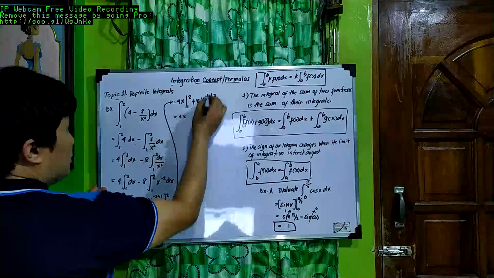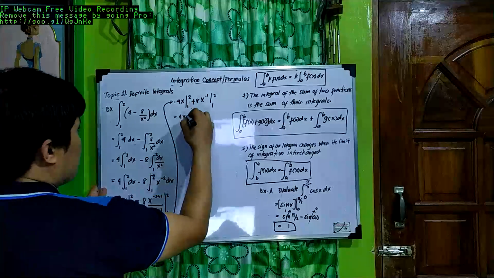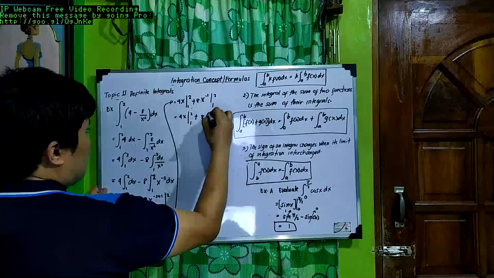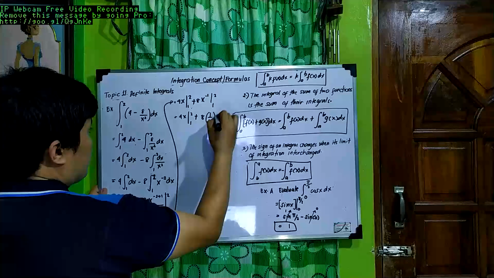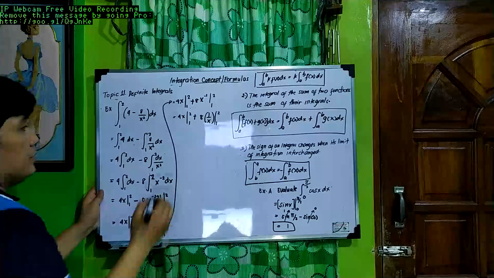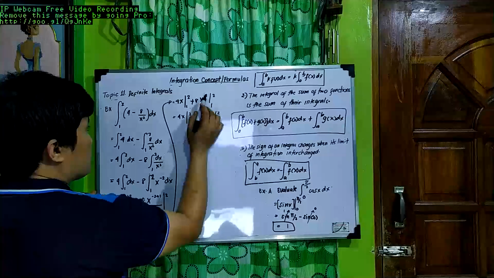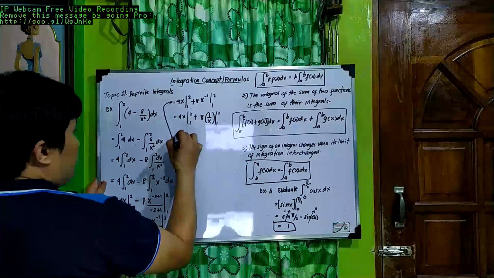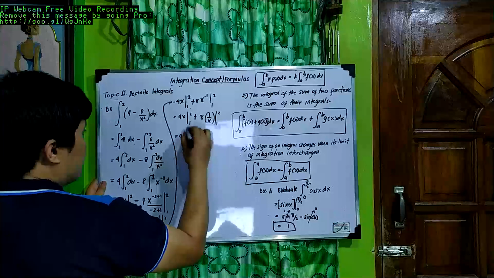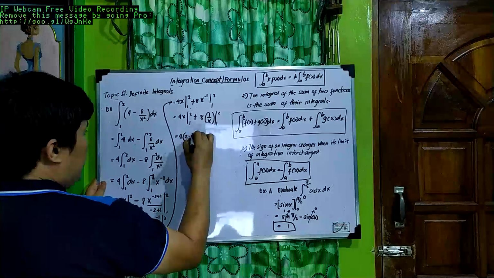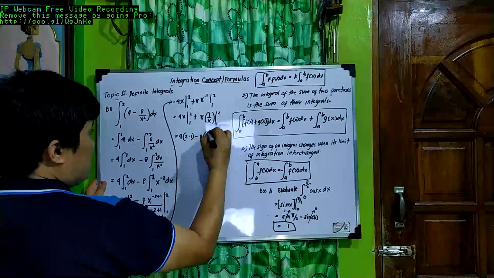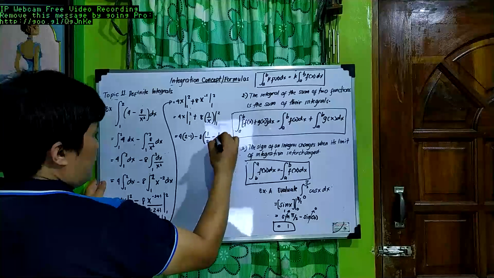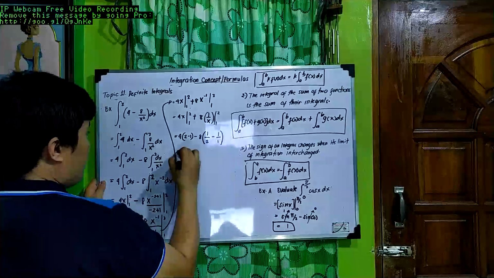So 4x, and we could write this one to make it easier, limits from 1 to 2, plus 8 times 1 over x, limits from 1 to 2, right? Because 1 over x, when you transpose, is still x raised to the power of negative 1. So you have 4 times, substitute the upper limit, 2 minus 1, minus 8 times 1 over 2 minus 1 over 1, or that is equal to 1.